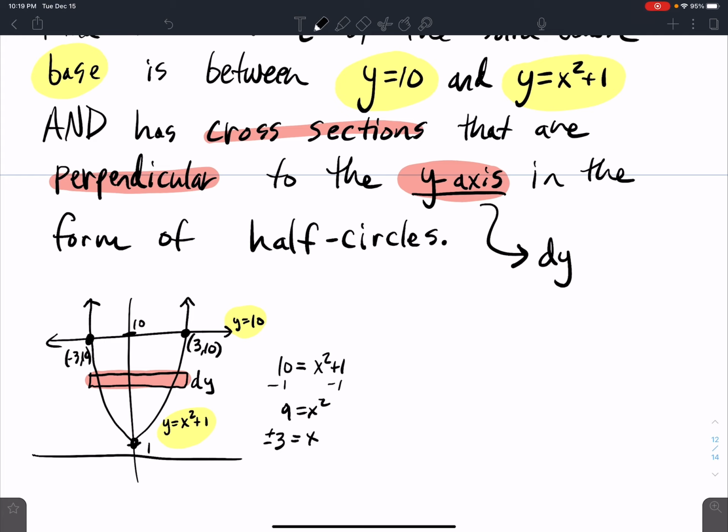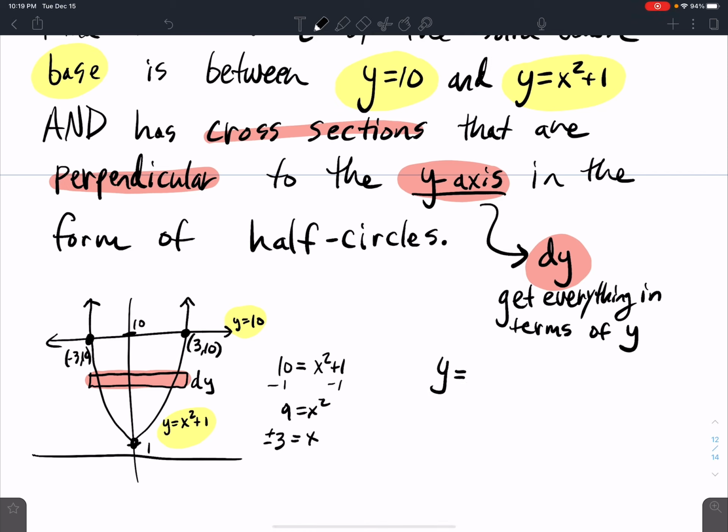So I need to get everything in terms of y. Since I'm integrating with respect to y, it makes sense that I would want the function in terms of y. Right now I have y as a function of x, so I want to fix this to be in terms of y. That means I need to solve for x here.